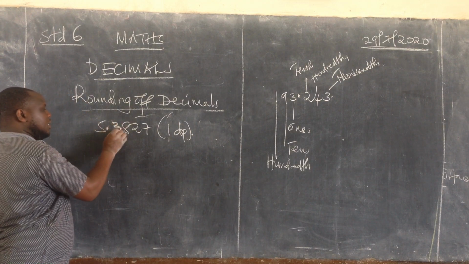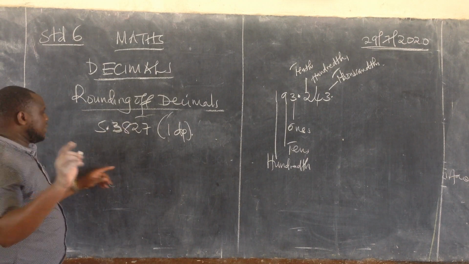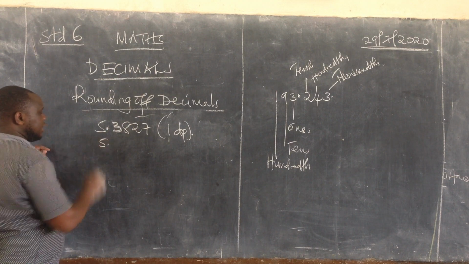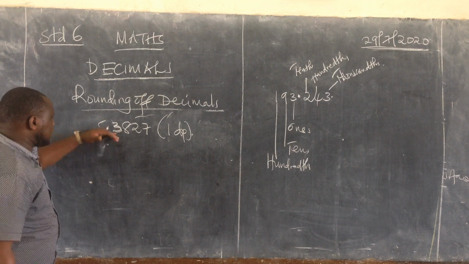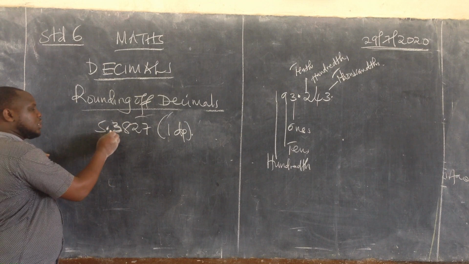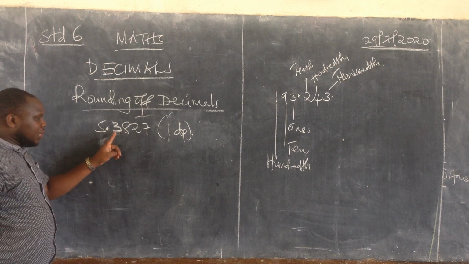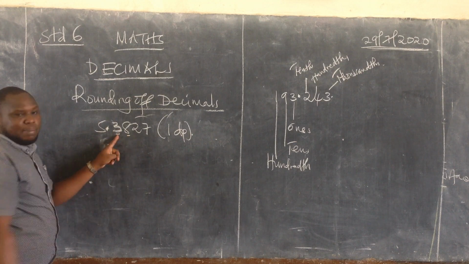That means when you are told to round to one decimal place, you write the 5 point. Look at this. If you are told one decimal place, count one digit after the decimal point. After counting one digit, check the next number.